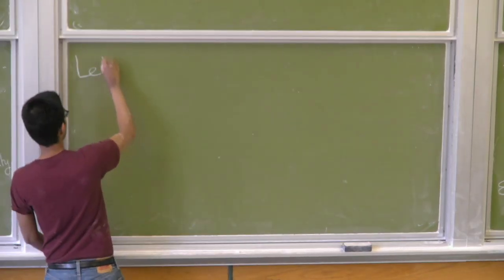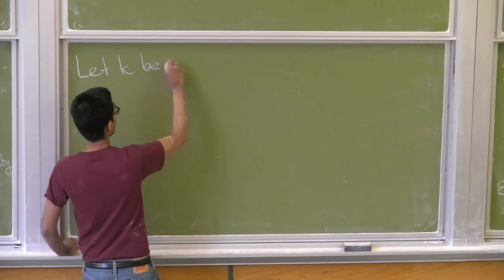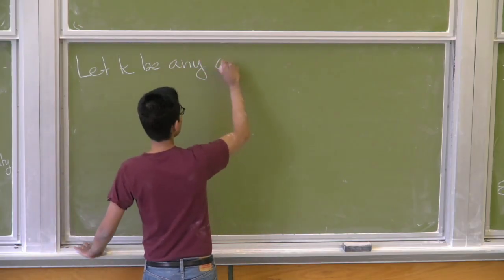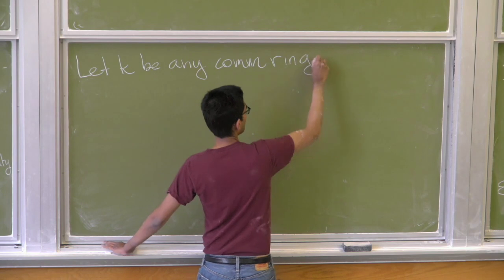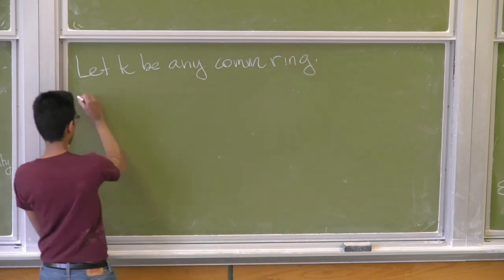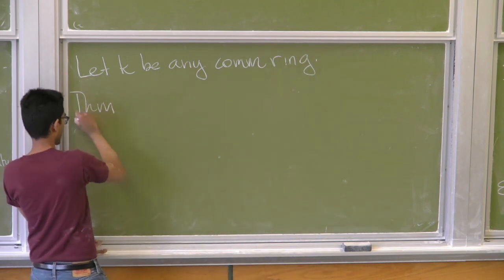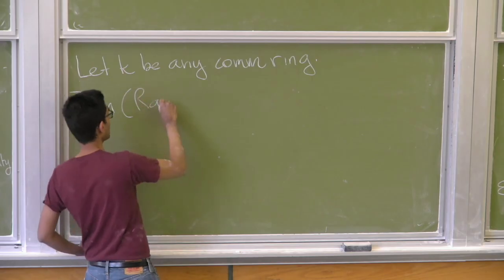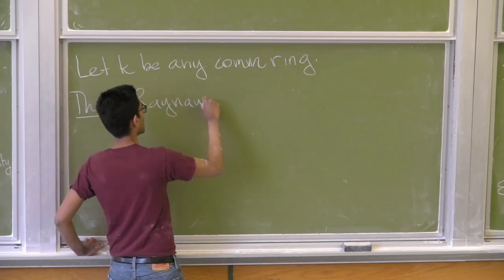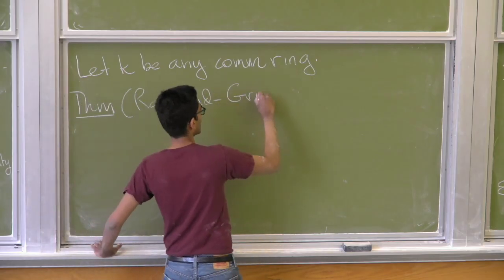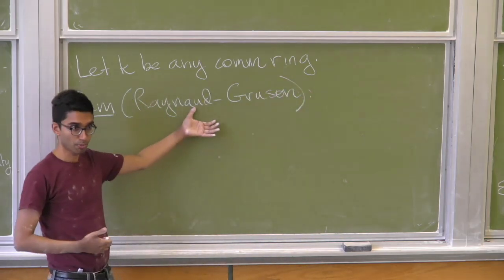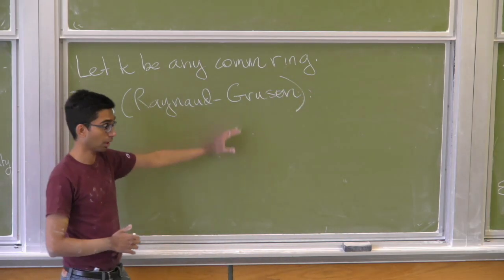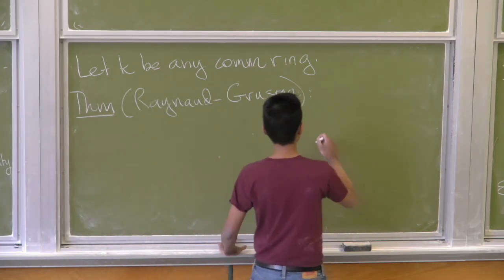So now let k be any commutative ring. I think this is mostly due to Lefschetz and Pontryagin. So there's a correspondence between the following different types of objects.